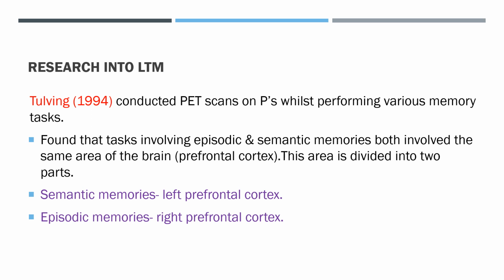Semantic memories on the left, episodic memories on the right. A little bit interesting, probably not coincidental, that these are both the explicit memories that you have to consciously recall. Procedural memories aren't in the prefrontal cortex, in a different area. So a little bit of interesting fact for you. But the fact that it's a PET scan makes it more scientific because the researcher can't bias it, it just is how it is.